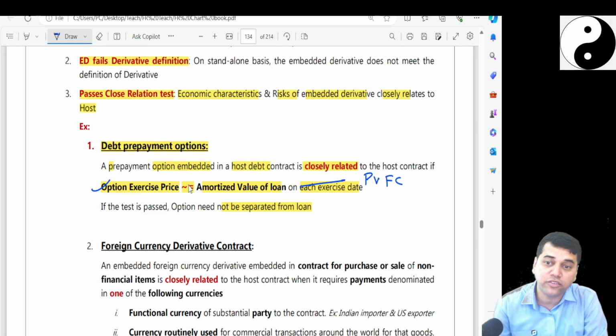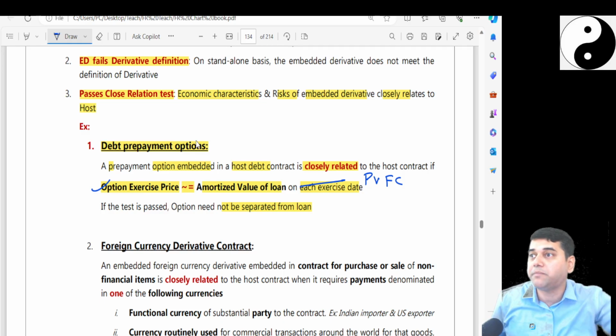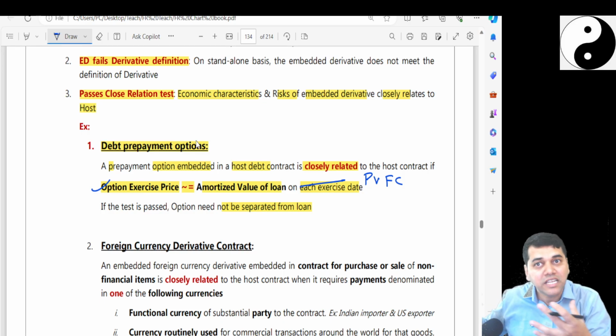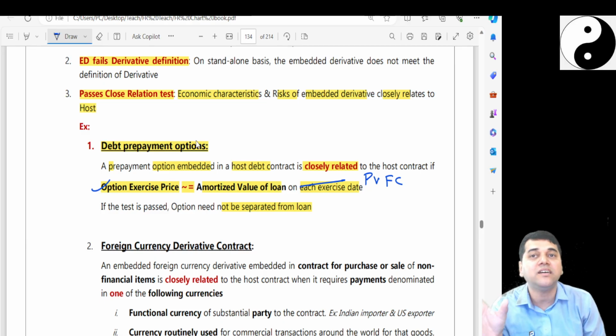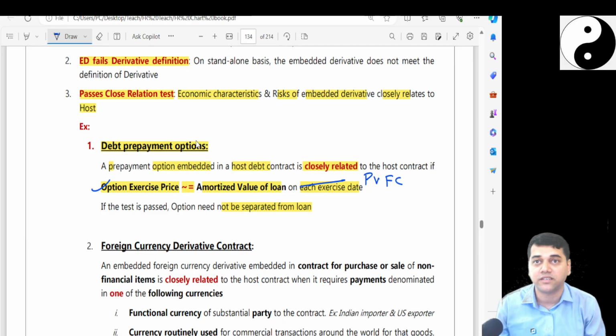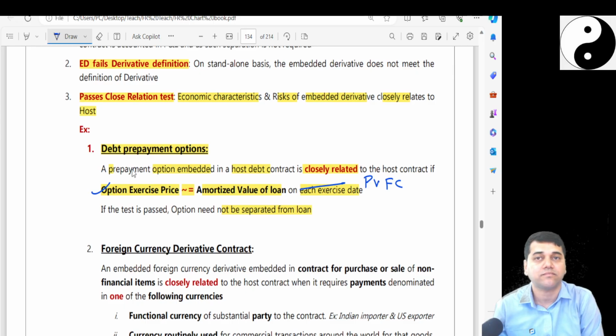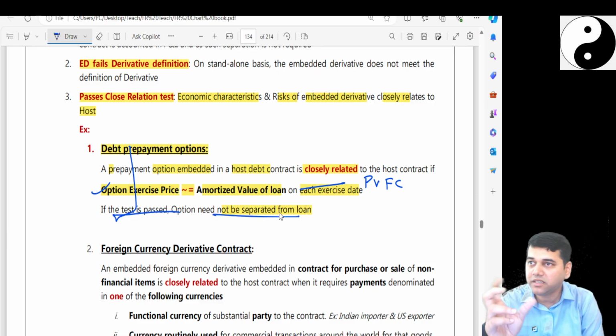But if what you want to exercise is totally different from its closing balance, then the relationship or the characteristics between the option and the host contract is different. That means it fails. Are you clear? If the test is passed, you need not separate. Bit confusing, but you have to practice this.